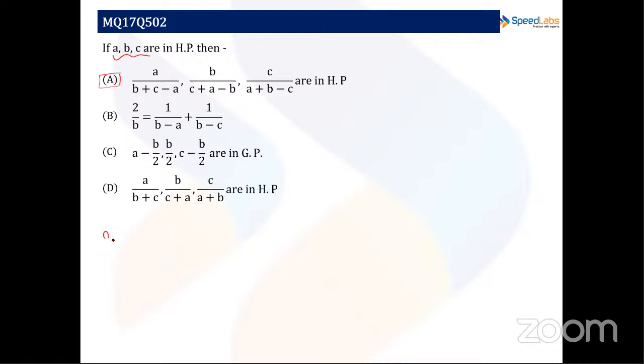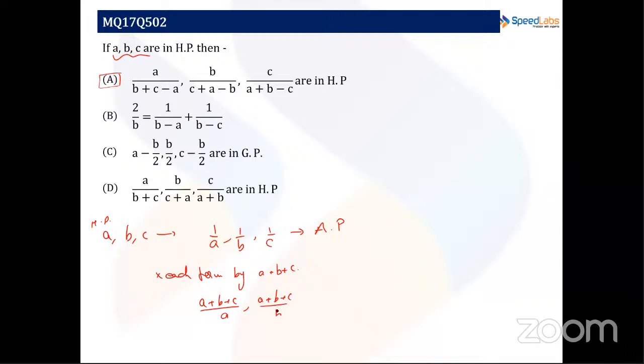Since A, B, C are in HP, we can say that 1 upon A, 1 upon B, and 1 upon C are in AP. Multiplying each term by A plus B plus C, we have (A plus B plus C) upon A, (A plus B plus C) upon B, and (A plus B plus C) upon C in AP.